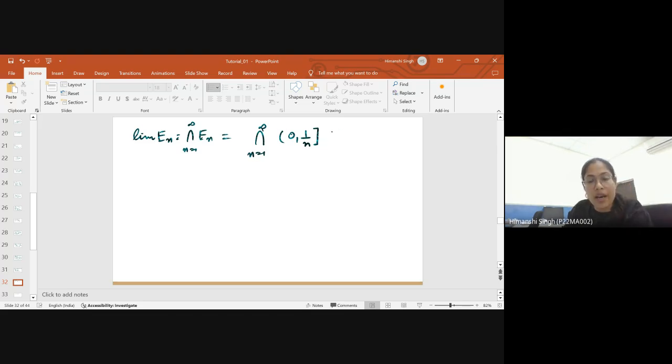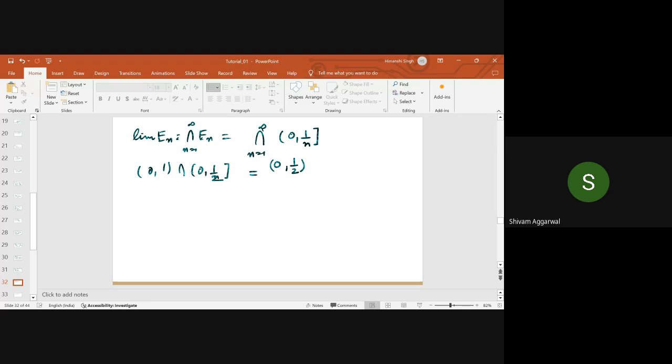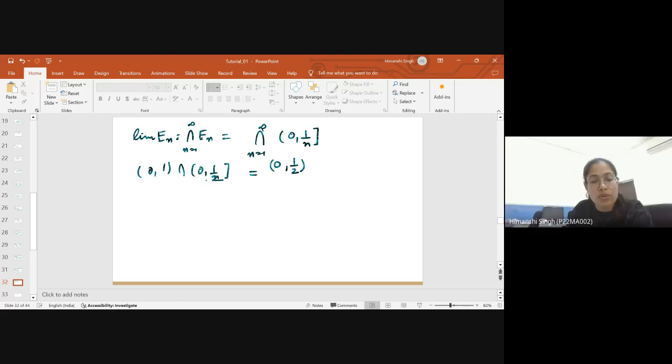I will land towards 0 when n goes to infinity. If I take the intersection of 0 comma 1 with 0 comma 1 by 2, it will be 0 comma 1 by 2, closed, because 1 by 2 should be in both the sets.